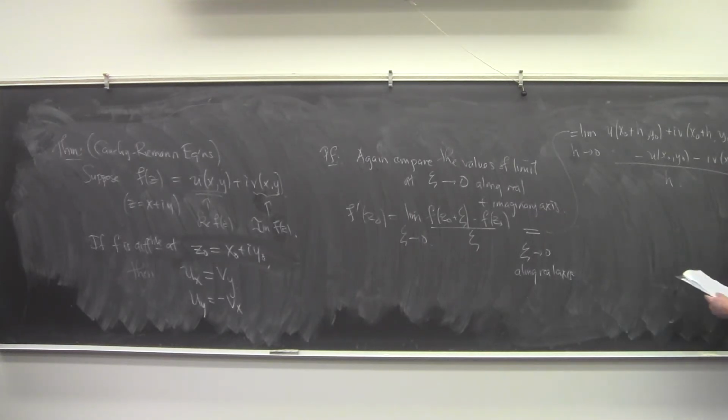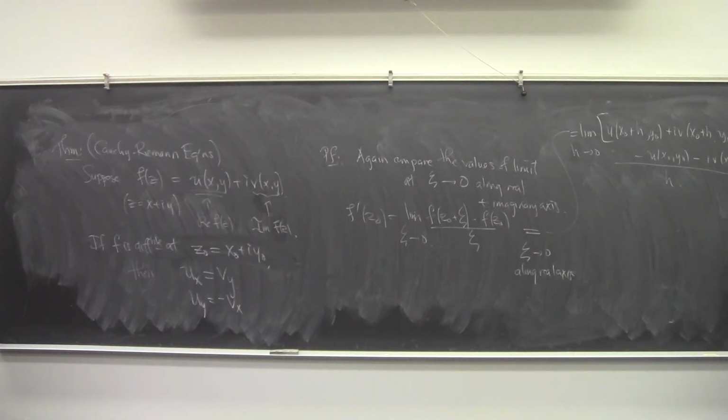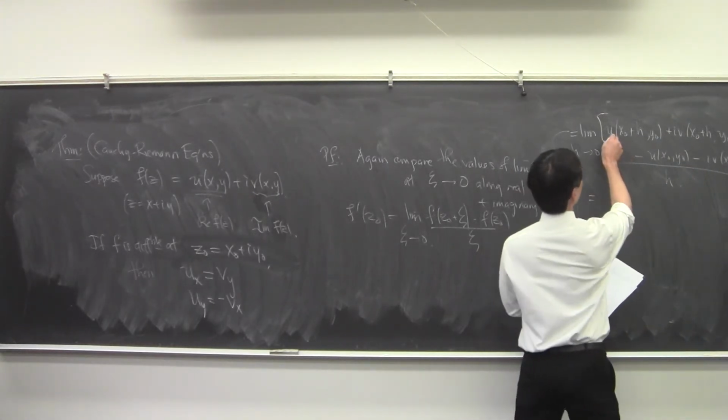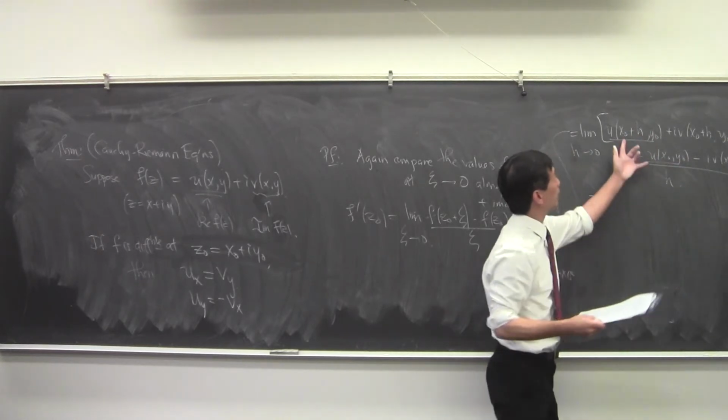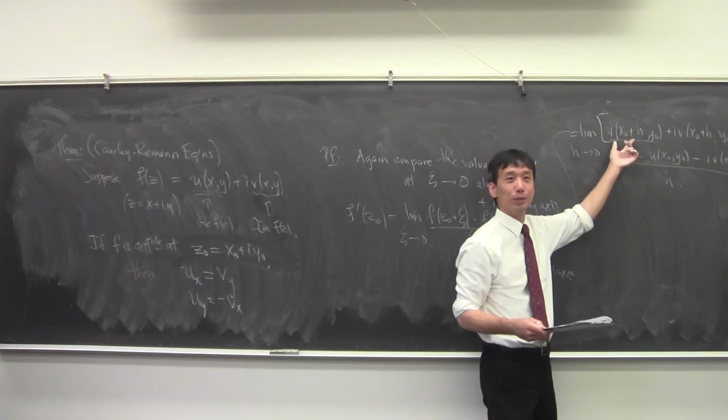So that's what happens if we let h be some real number. You get u of blah, blah, blah, and you see what's going to happen. You're going to get this minus this over h. Well, what is that? As h goes to 0, you're taking the first partial.